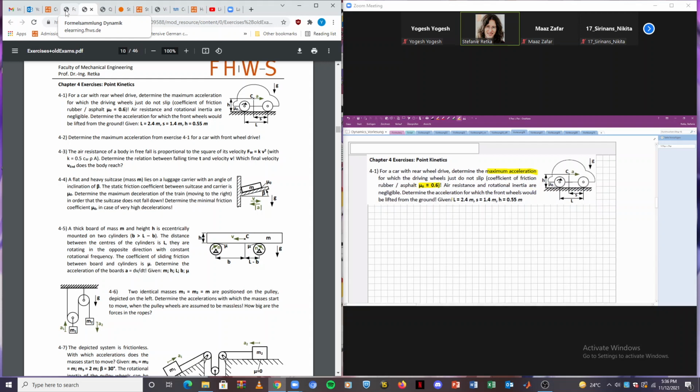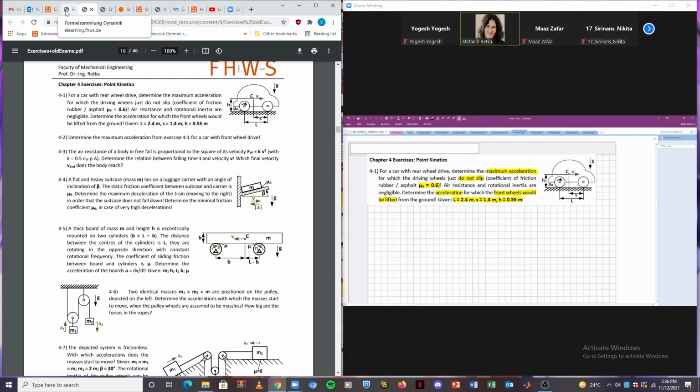And in the second part, we have to find the acceleration for which the front wheels would be lifted. So maximum acceleration without slipping is the first part, and second part, acceleration when the front wheels would be lifted from the ground.